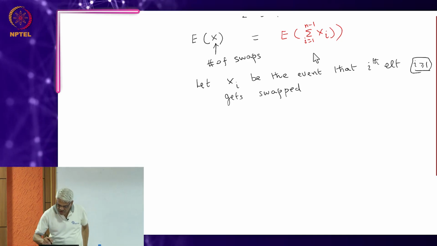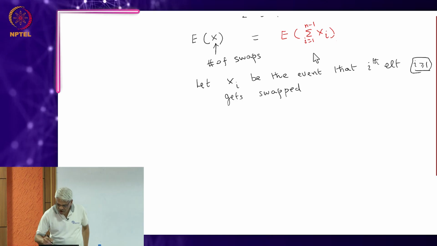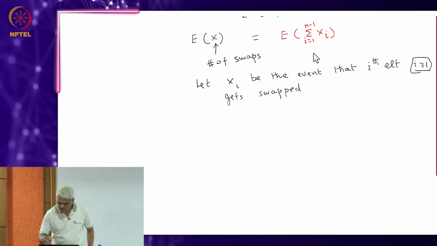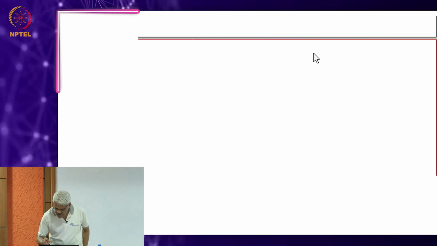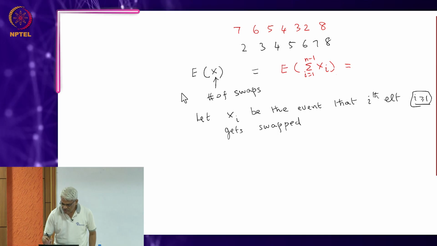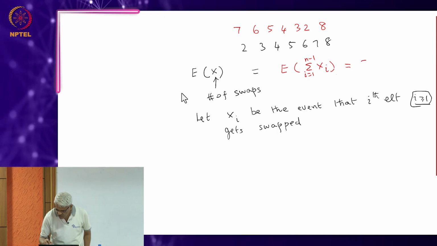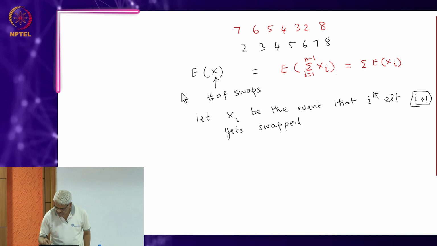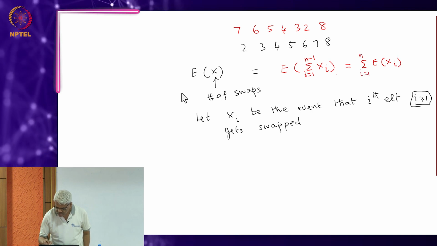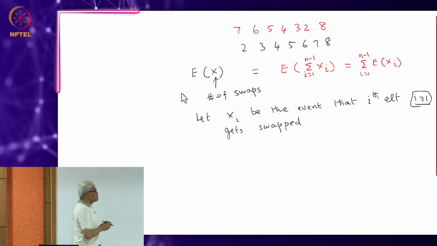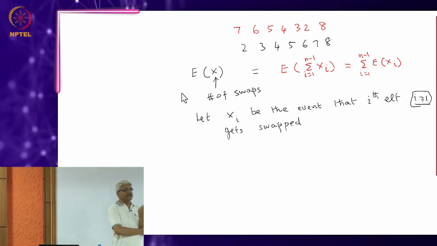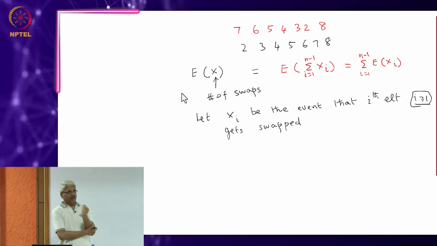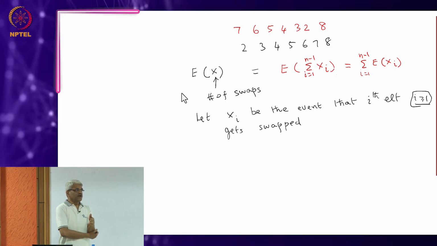Okay, so now we are done if we can figure out what is the expectation of xi. So what is the expectation of xi? Well, it is the probability that the ith element will be swapped, times 1, because it is an indicator variable.